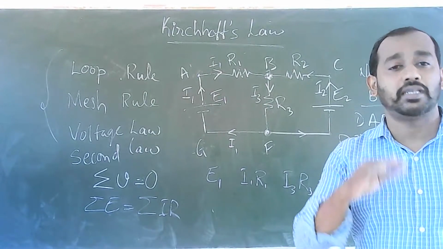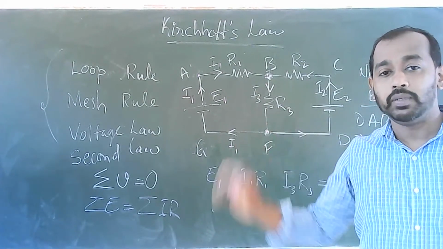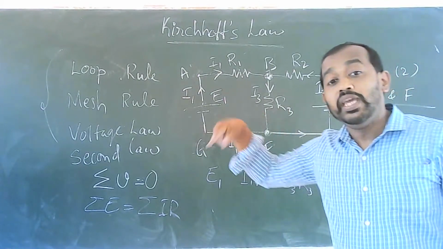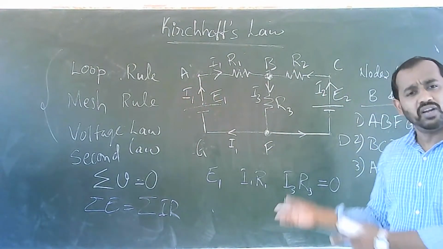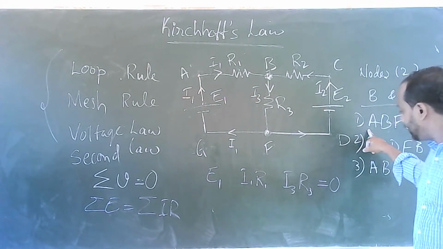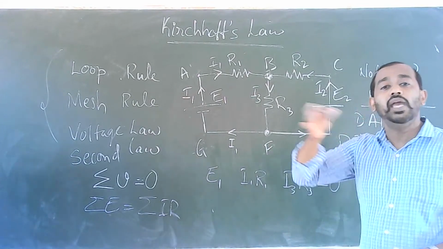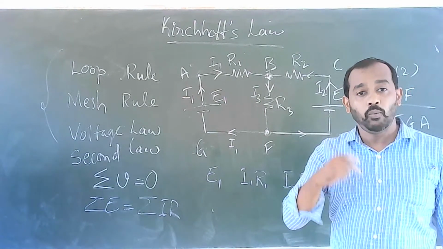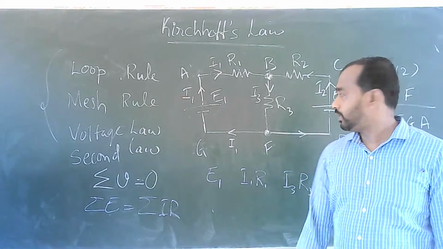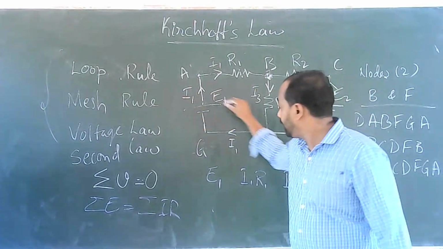Now we have to consider the direction of traverse. In which direction are we traversing this loop? How are we moving? That is already decided. When we have written A, B, F, G, A, then we have written how we are moving, not the current. How we are moving. That is from A to B to F to G, like this.